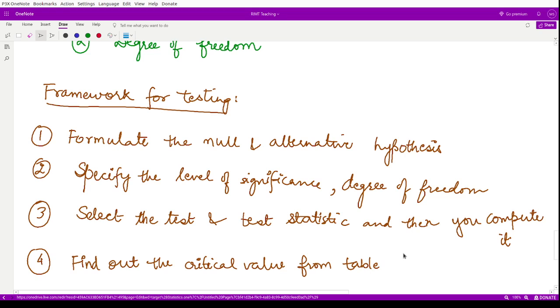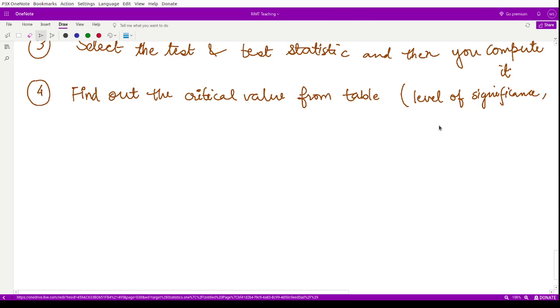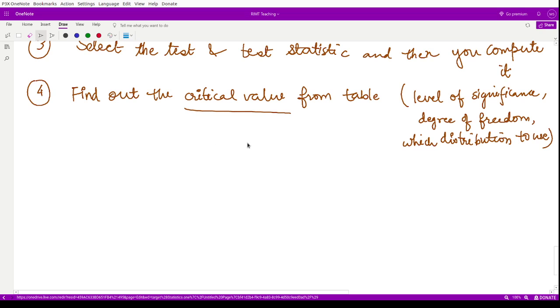Now for this, you would require the level of significance, degrees of freedom, and which distribution you are using. So first thing, you would require the level of significance. Second thing, you would require degrees of freedom, and you should know which test you are using. So you should know which distribution you are using. Right. So based on that, you determine the critical value from the table.